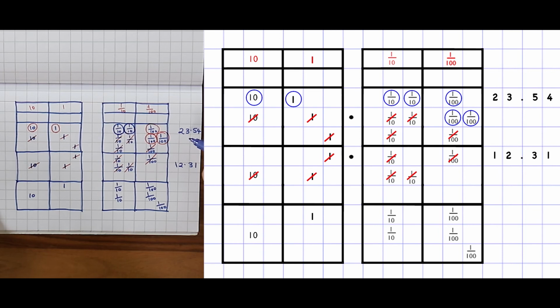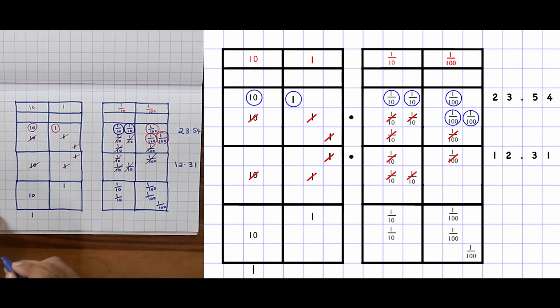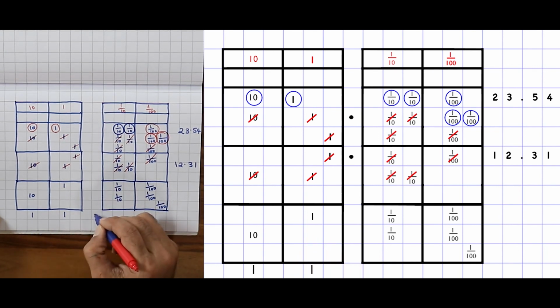Now, when we subtract 12.31 from 23.54, how do we see what we got? What remains here is the difference. How many tens are there? 1 ten. That means 1. There is 1 unit here.